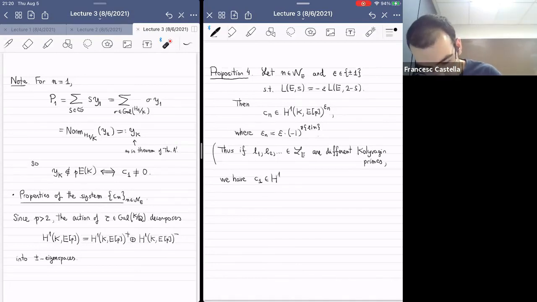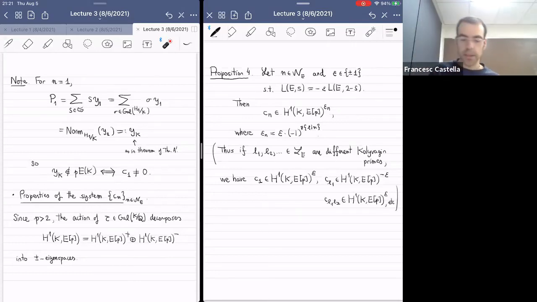This belongs to the epsilon eigenspace. Then the class for C_{l1} will be in the minus epsilon, then C_{l1 l2} in the epsilon, etc. Just to be very clear about this. Okay, and the proof is just a computation.